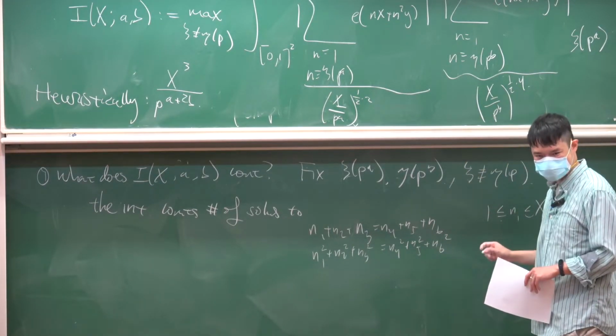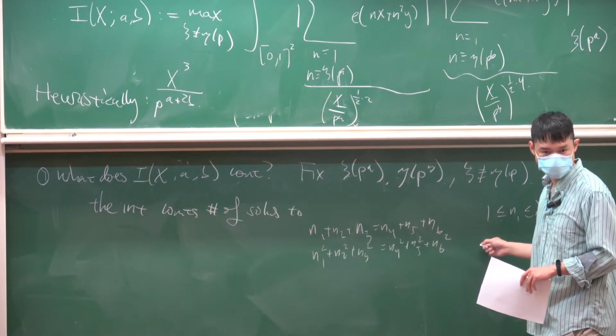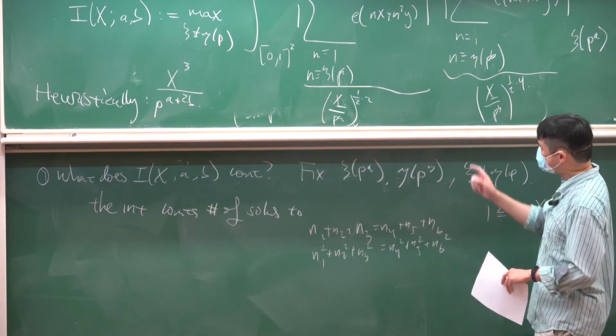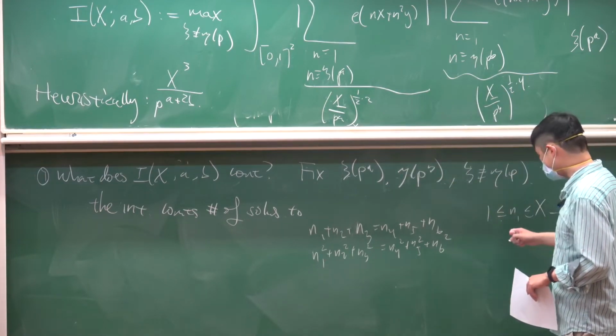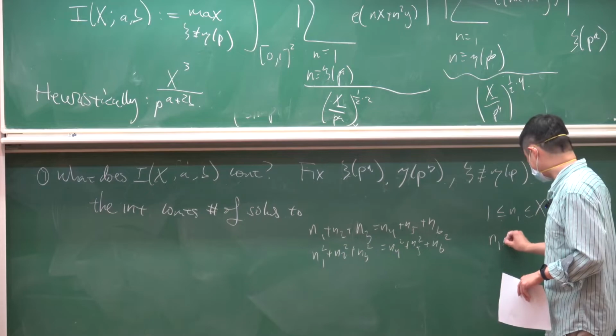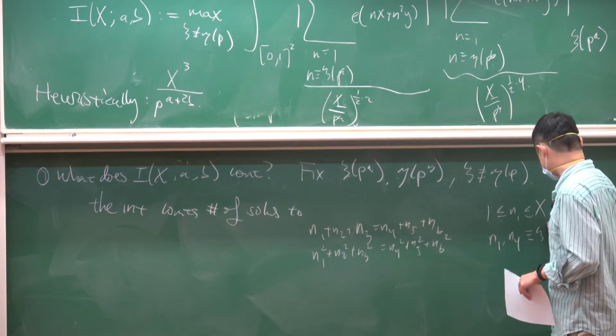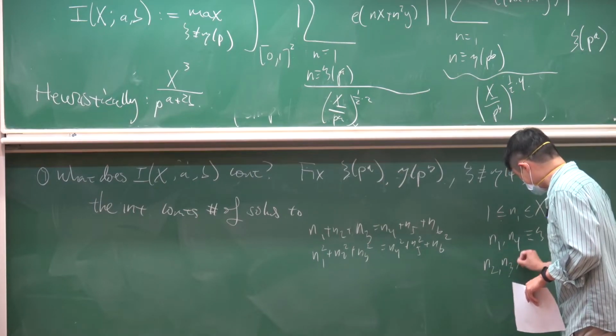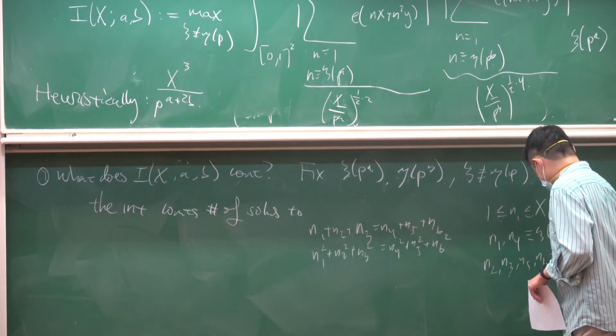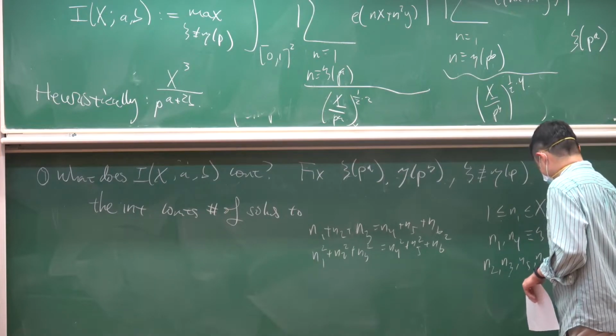So far I've done nothing. This is just traditional Vinogradov for J32. But what do these constraints put in? Well, these constraints require that n1 and n4 are congruent to c mod p to the a, and the other variables n2, n3, n5, and n6 are congruent to eta mod p to the b.